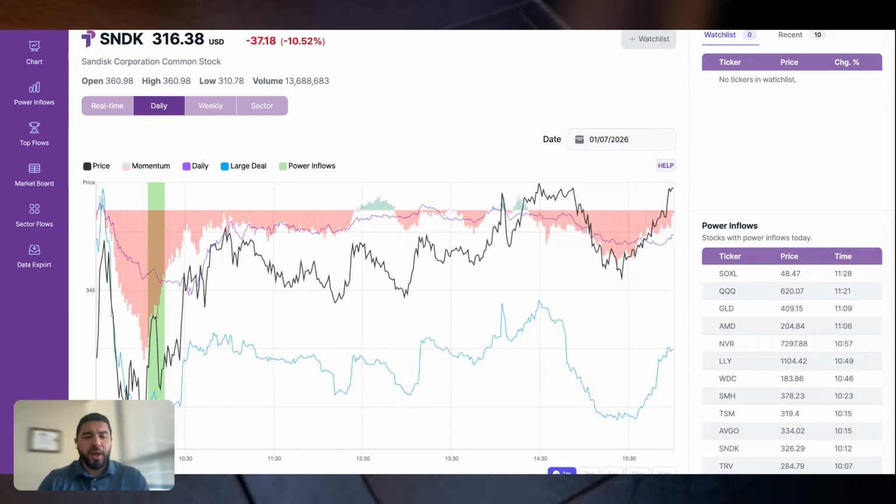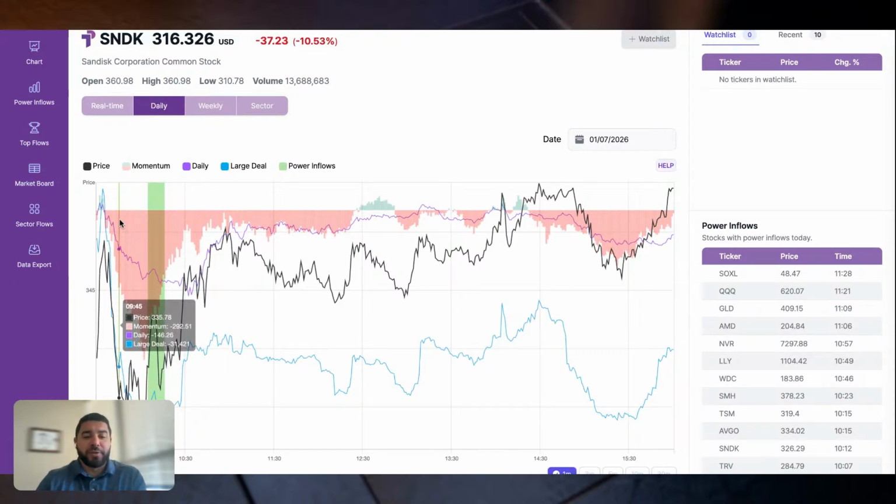For starters, that black line you see is the stock price. We track this minute by minute in real time, so you know how the market's moving for a particular stock. In this example it's SanDisk, but you could search any other stock and get that market flow data.